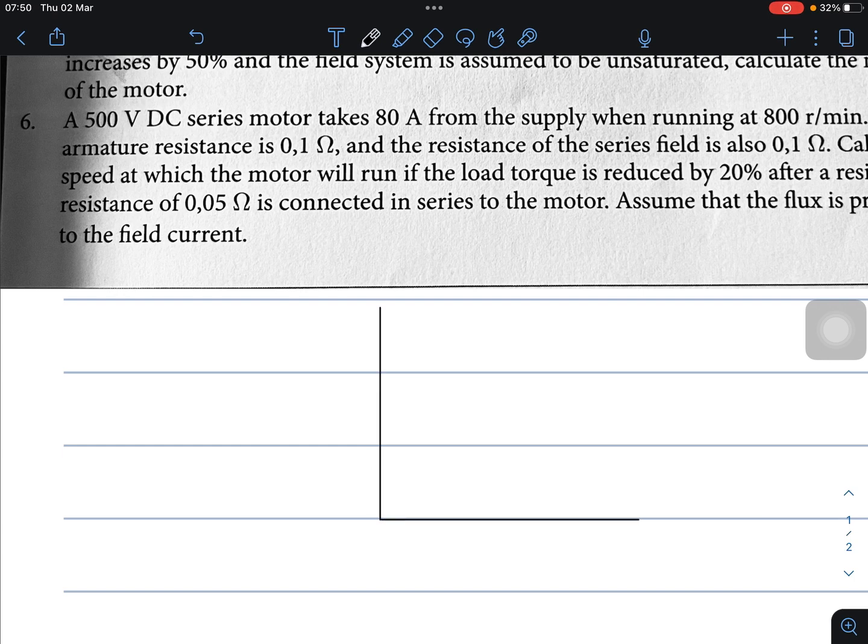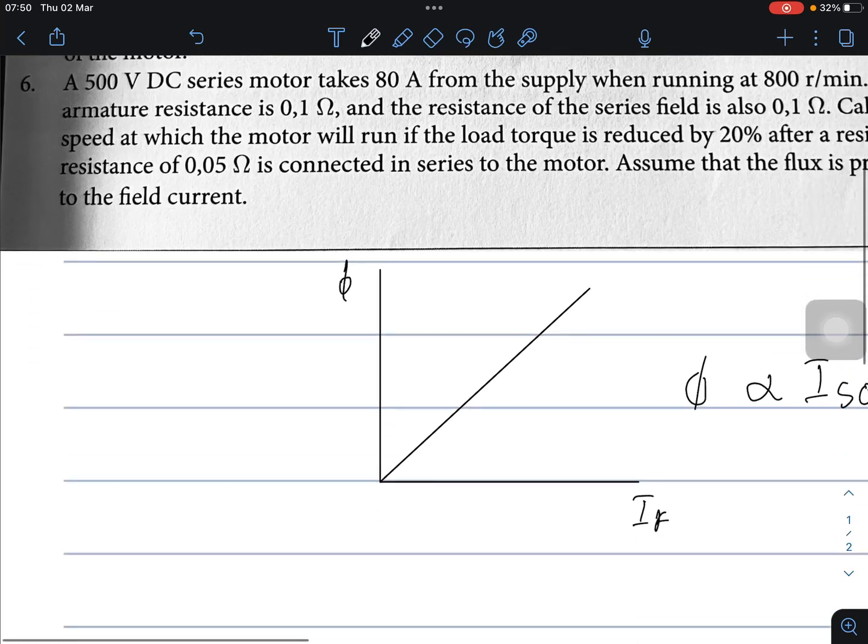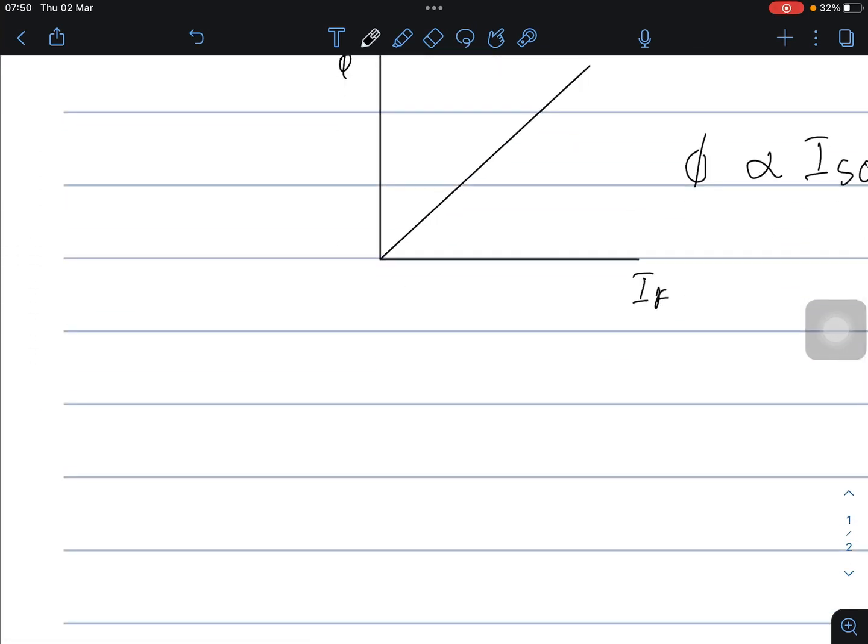It means that if the field current increases, the field strength increases, meaning flux is directly proportional to the series field current.